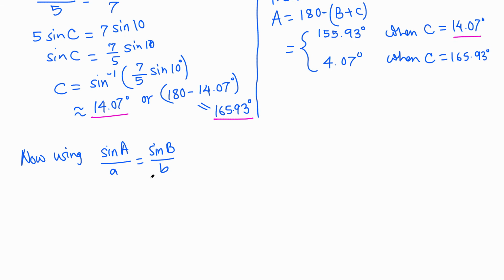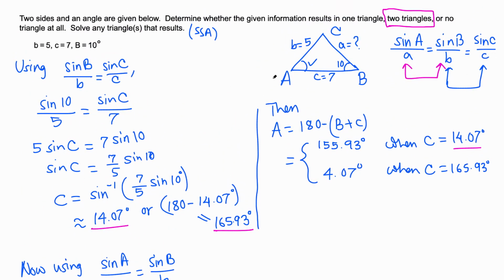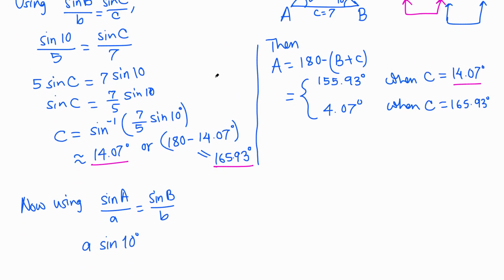For now, let me cross multiply: a sine B equals b sine A, because we are trying to determine a. Angle B is 10 for each case, and lowercase b is 5.